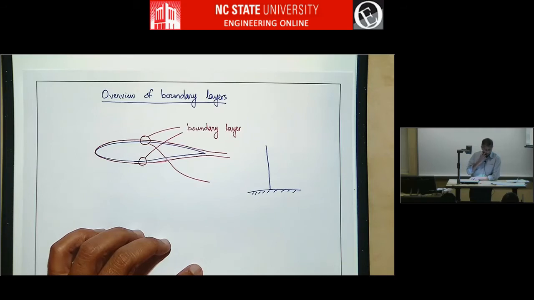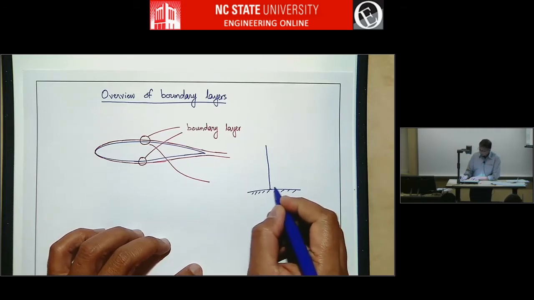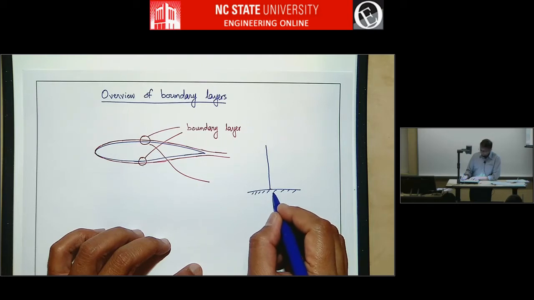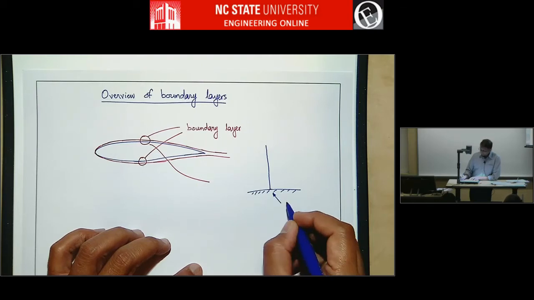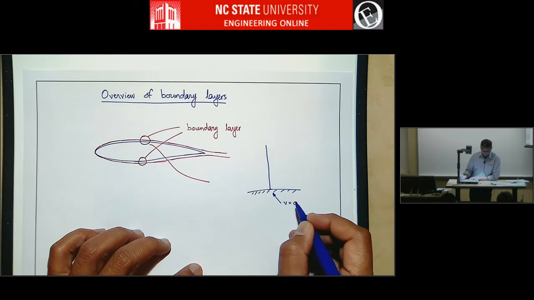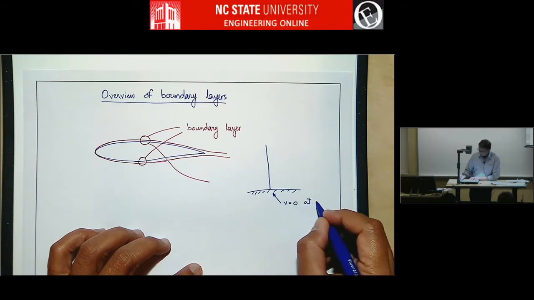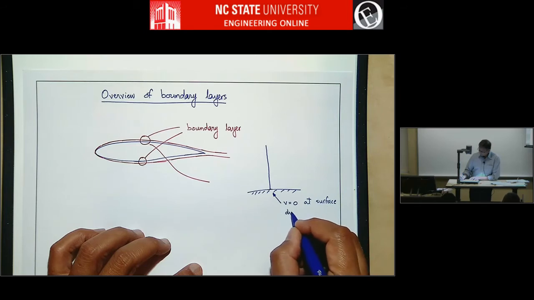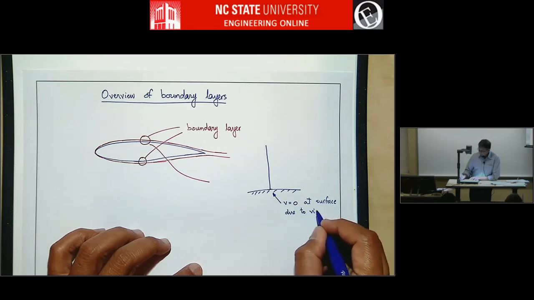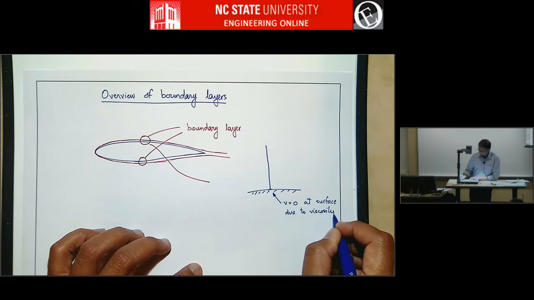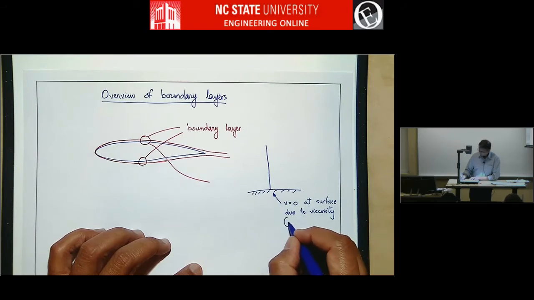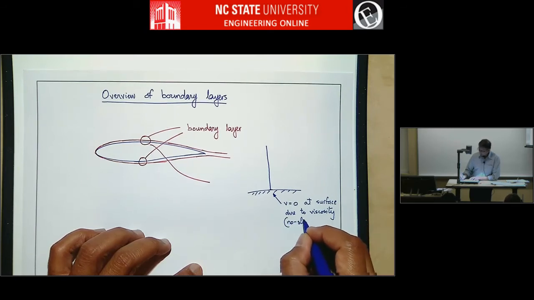Because of viscosity, the flow velocity relative to the surface is 0 at the surface. So V equals 0 at the surface due to viscosity. And this is called no slip condition.